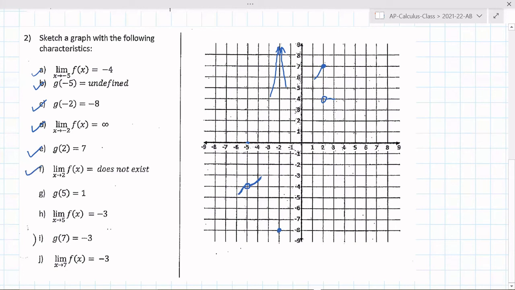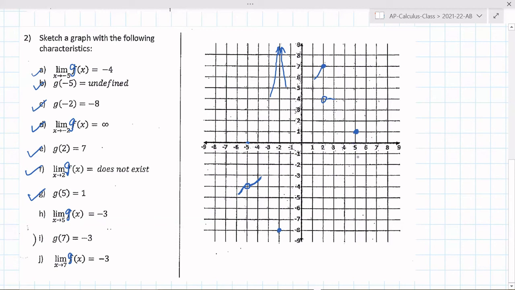G of 5 is 1. It should ideally be the same, because it's the same function. If you do f and g, then it becomes two functions. As x tends to 5, the limit is -3.